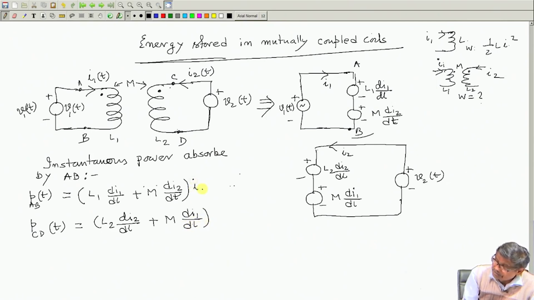Here it must be multiplied by I1 and here by I2, voltage into instantaneous current.